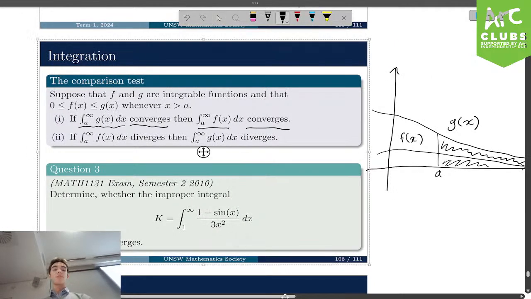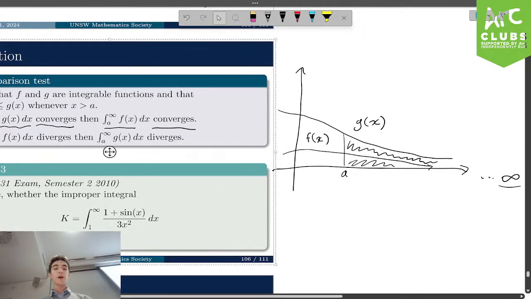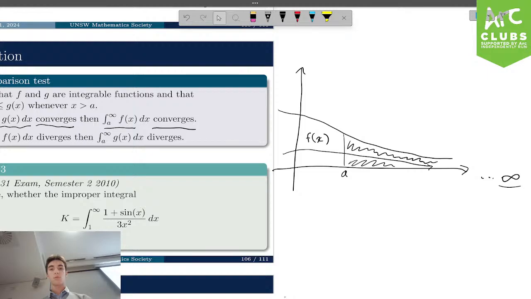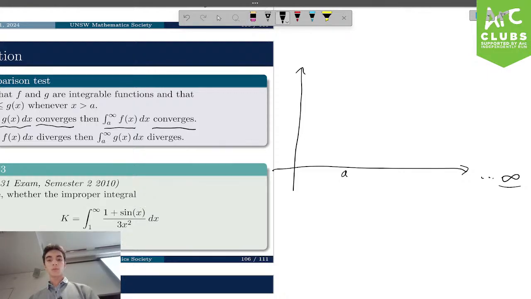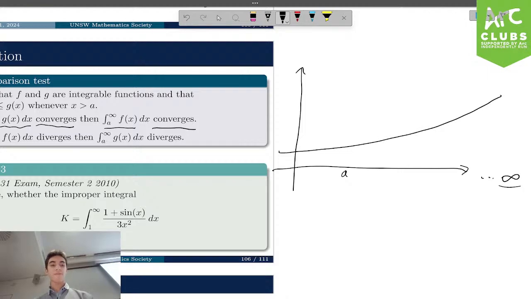This second part is kind of the opposite, right? So if I redraw my f of x and g of x, if I have an f of x that goes like this, clearly f of x diverges here, because the area would go to infinity.